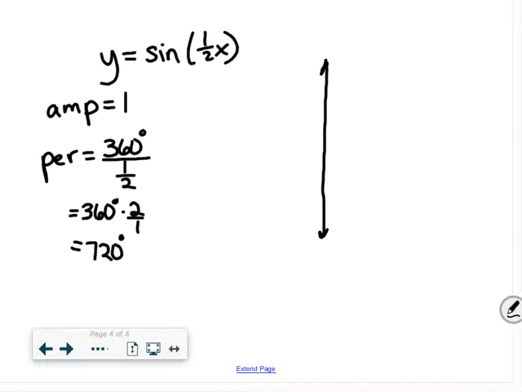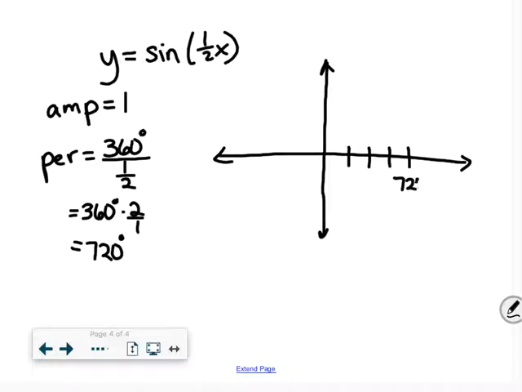So here's what you're going to do. You make 4 ticks to the right, call the 4th tick the period length. So I go to the 4th tick, call it 720 degrees. Take half of that, and that's going to give you the 2nd tick. That's 360 degrees.